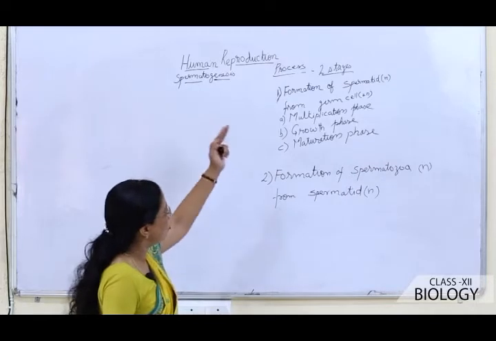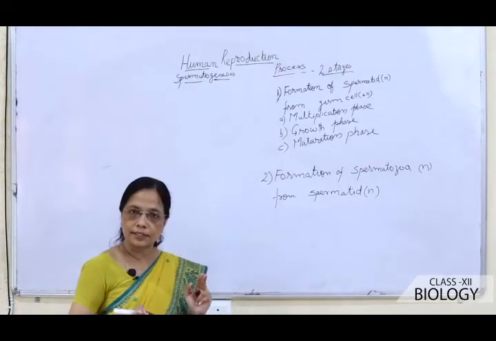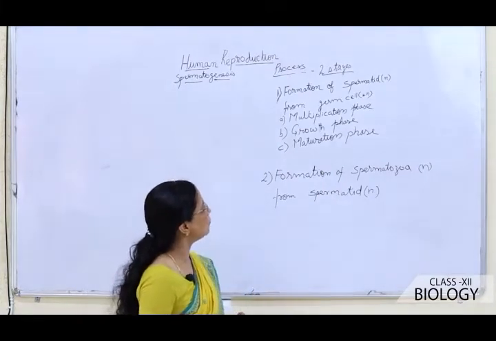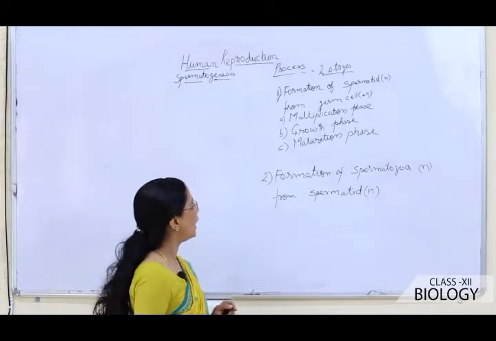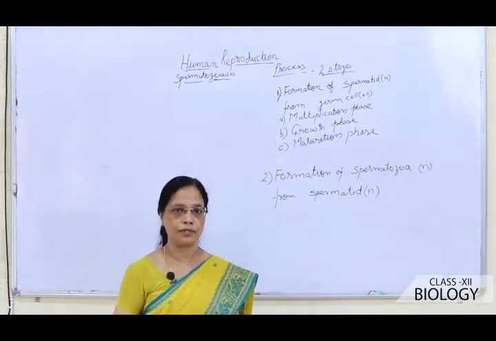Again, the formation of spermatid from germ cell is subdivided into three phases, that is multiplication phase, growth phase, and maturation phase. So we'll start with the multiplication phase.